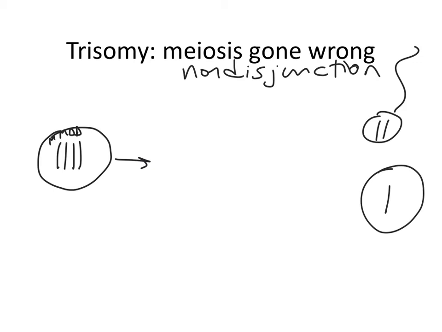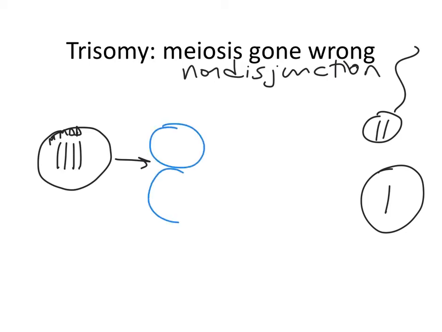So here we have the start of meiosis on the left. Chromosomes fail to separate? Yeah, chromosomes fail to separate. It doesn't go to the second step, second meiosis. So what happens if you don't do meiosis 2? Okay, so let's try that.